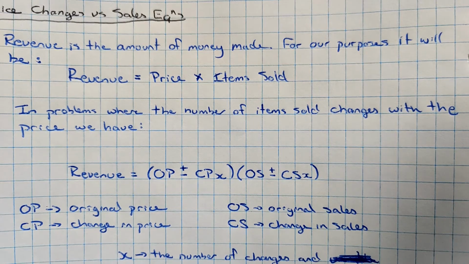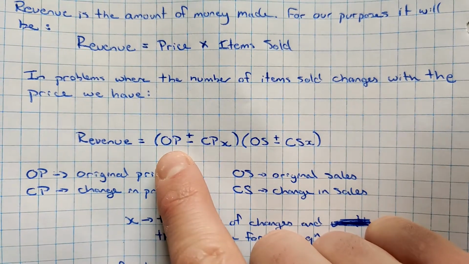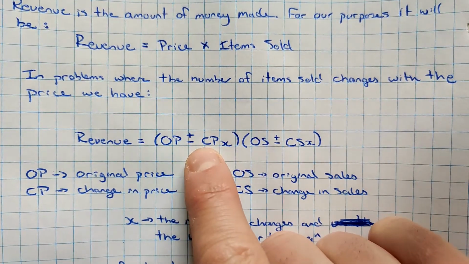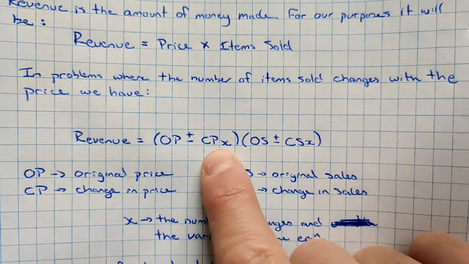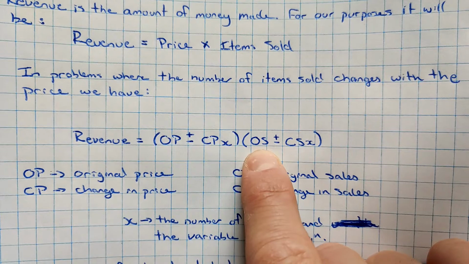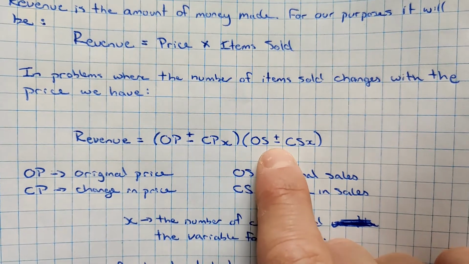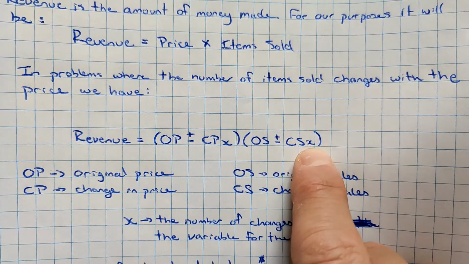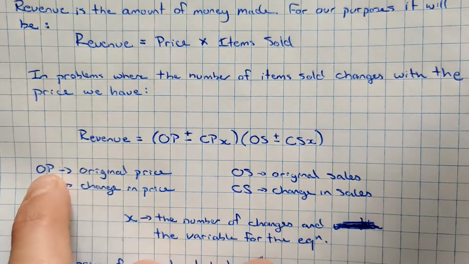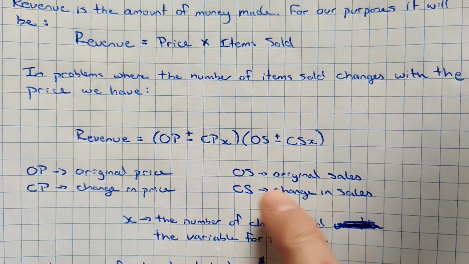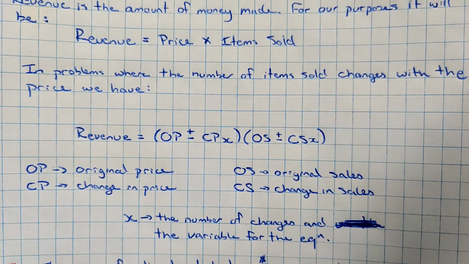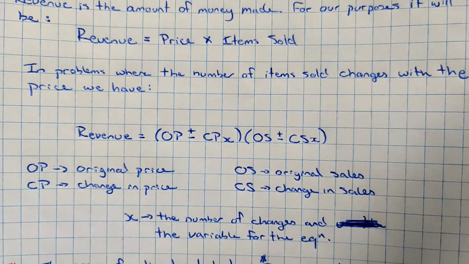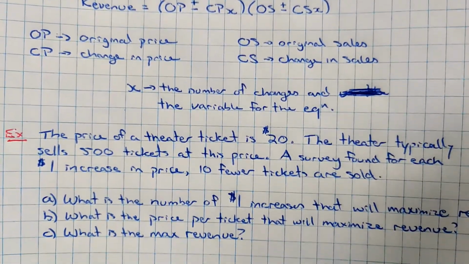So we're going to have our revenue formula as the original price plus or minus the price change times X, in one set of brackets, and then the original number of sales plus or minus the change in sales times X. So OP, original price, CP, change in price, OS, original sales, CS, change in sales. And then X is the number of changes and will be the variable in our equation. So let's take a look at that and apply that in a situation here.